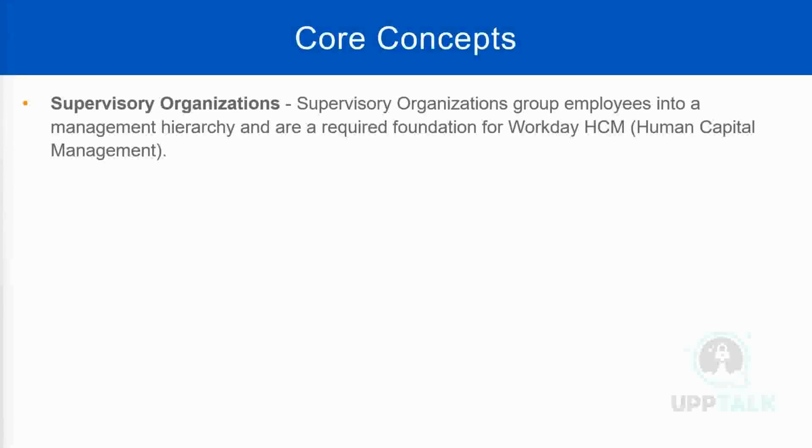Typically in any enterprise, where there are people working, there is a hierarchy. In any company, there will be a hierarchy. All the people are not at the same level. People report to other people, and those people will report to somebody else. Like, let's say, a regular employee will report to a manager. A manager will report to, let's say, a senior manager.